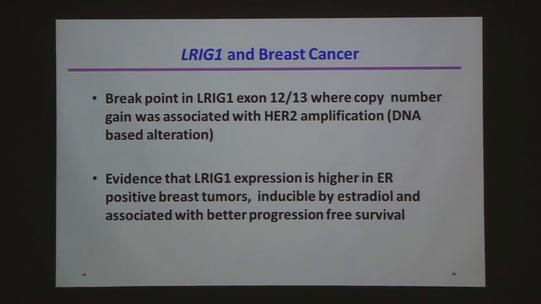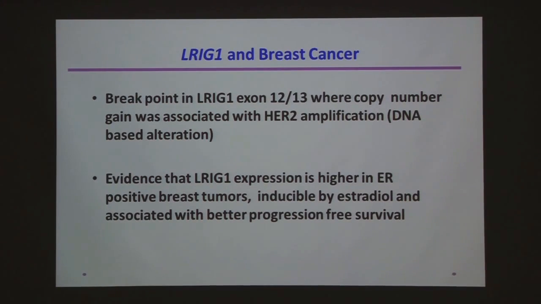Just to give you a little bit of information about LRIG1 and breast cancer, a break point in LRIG1 is at exons 12 and 13, where there is a copy number gain, and it's been associated with HER2 amplification, a DNA-based alteration.